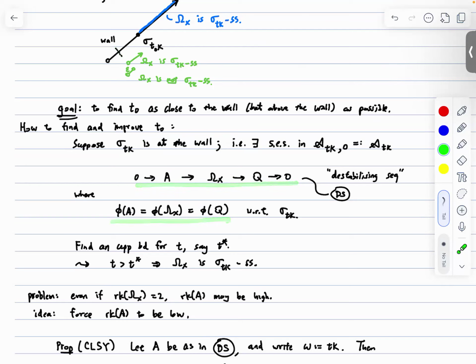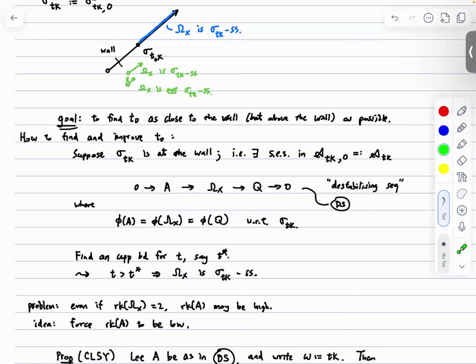But these equations involve the Chern characters of A and Q, and you don't always know exactly what the Chern characters are. Very often you only have upper bounds for certain Chern characters. So it becomes as if you only have an upper bound for this wall instead of knowing exactly where it is. I see.